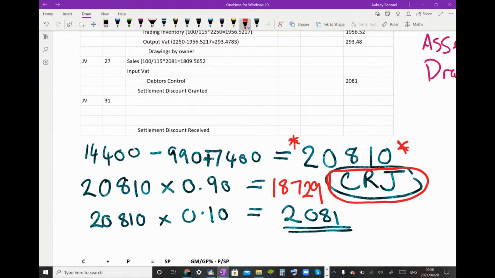So this is how much he's actually settling for. And so this is his 10% discount. And can you see what we've done? In the debtors control, we entered this amount when we first sold to him. Does that make sense? But now that needs to be reduced. So we can only do that in the general journal, which is what we're doing now. Can you see here we're crediting debtors control.